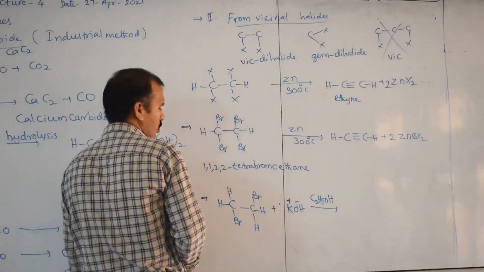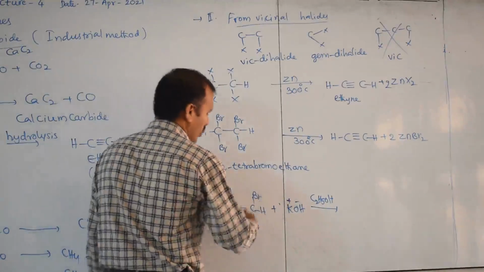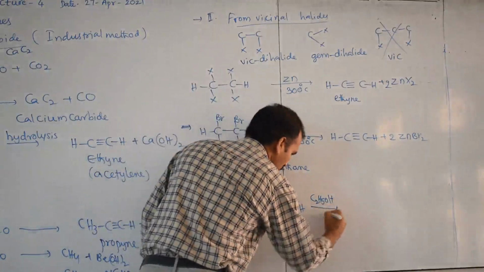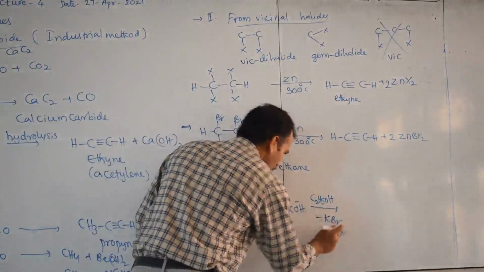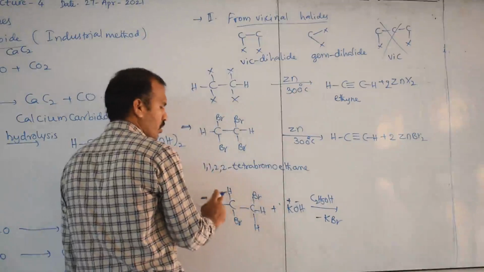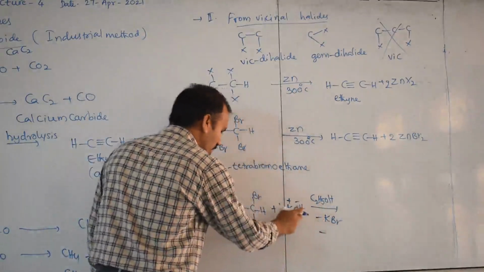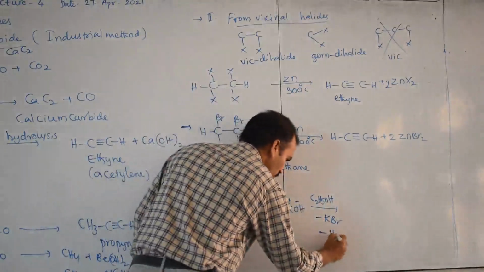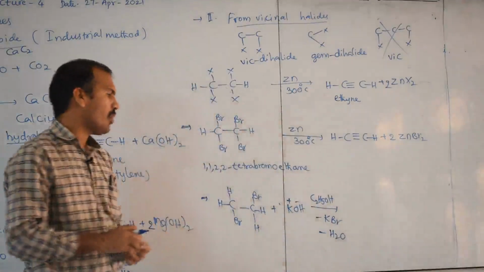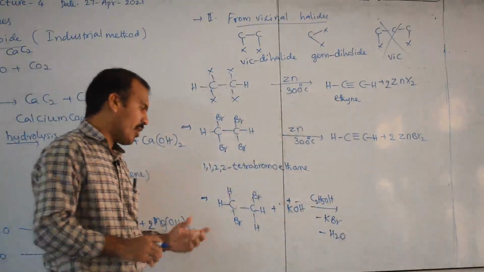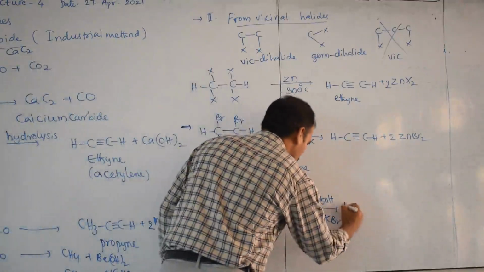So anyone here, this is minus KBr, one bromine, one potassium. This is eliminated. Minus means eliminate here. Another one is OH and H, that forms a water molecule. So water molecule is eliminated and potassium bromide is eliminated. After elimination what will be formed? Observe here.